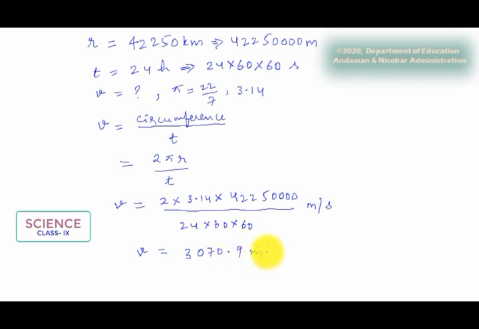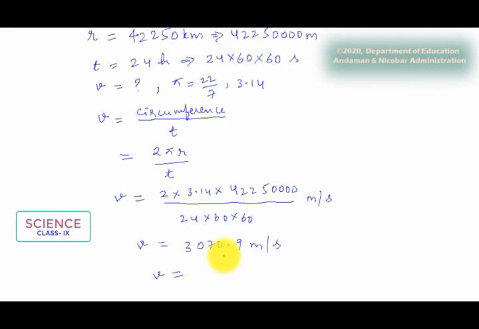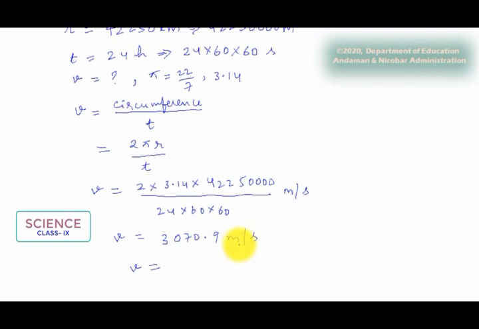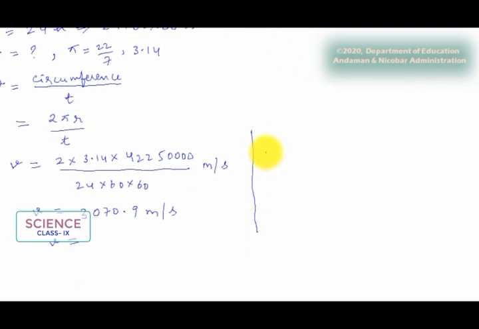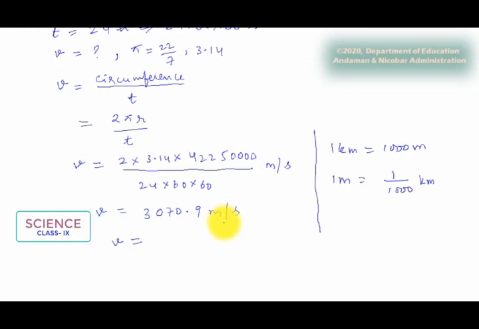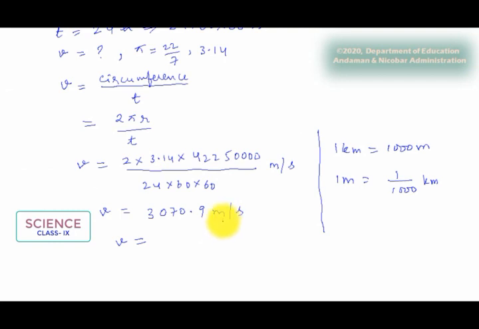3070.9 meter per second. Now we need to express the speed in kilometer per second. We know that 1 kilometer is equal to 1000 meter, and also 1 meter is equal to 1 by 1000 kilometer. Knowing this, we can convert the velocity from meter per second into kilometer per second easily.